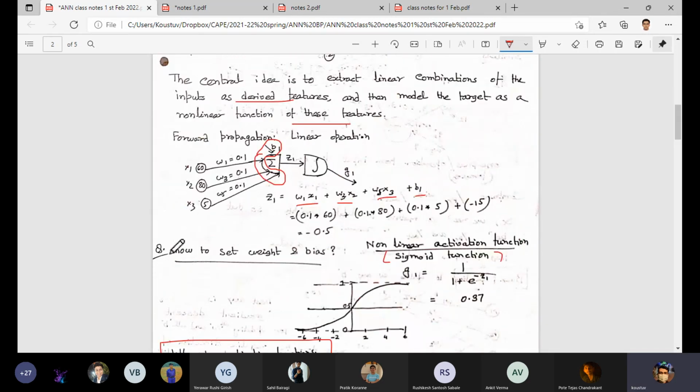One question I have raised here is how to set the weights and bias. This question will be encountered again later, and it is one of the major questions we ask in this discussion.